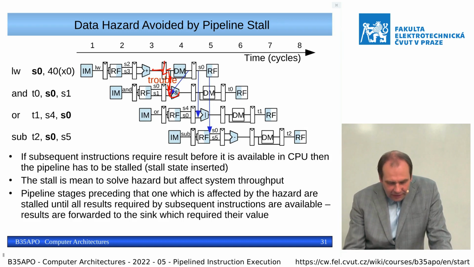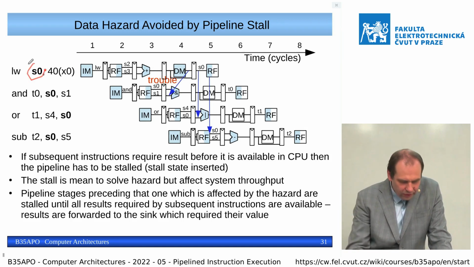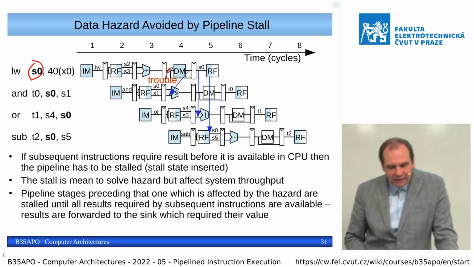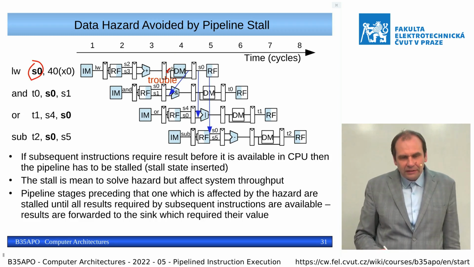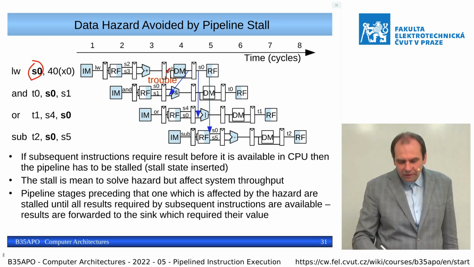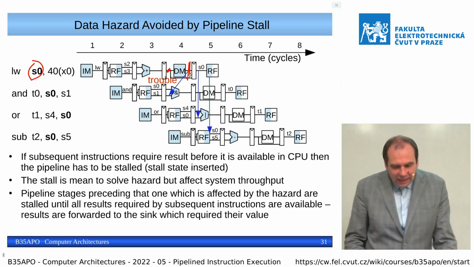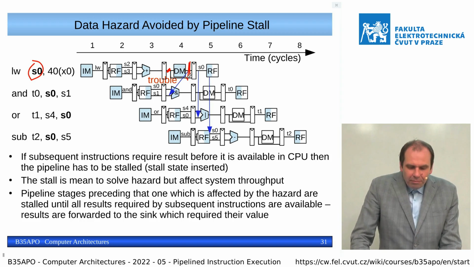But if the instruction is load word, then we do not know the actual result here, because at that moment we know only the address from which we want to read a value. And the actual value is known in the same clock cycle, but after the delay required to access the actual value and read it from the memory.